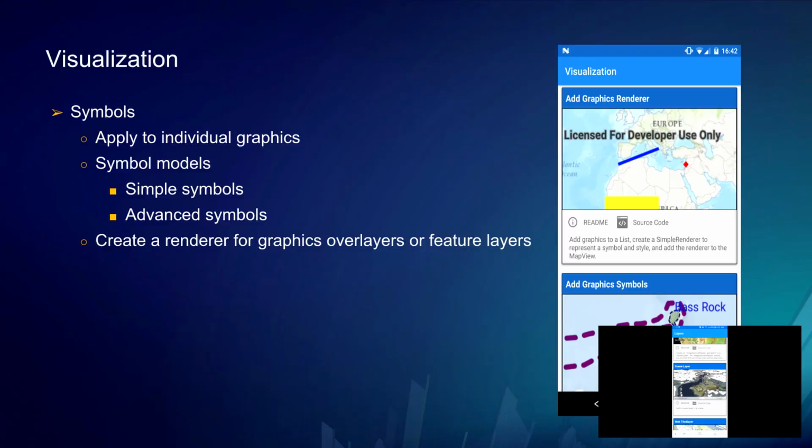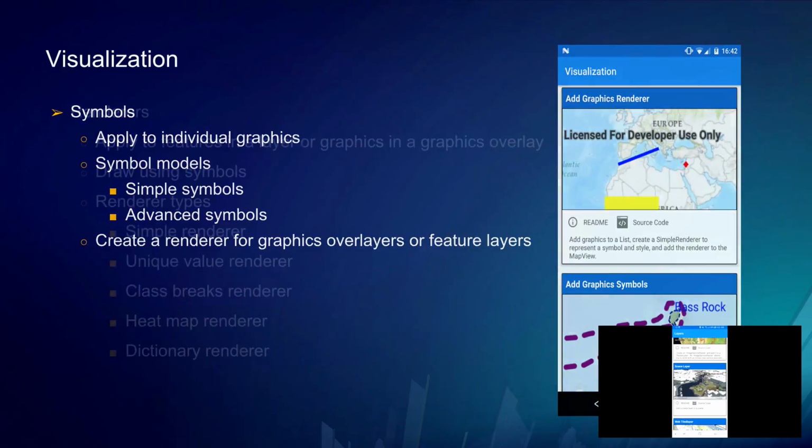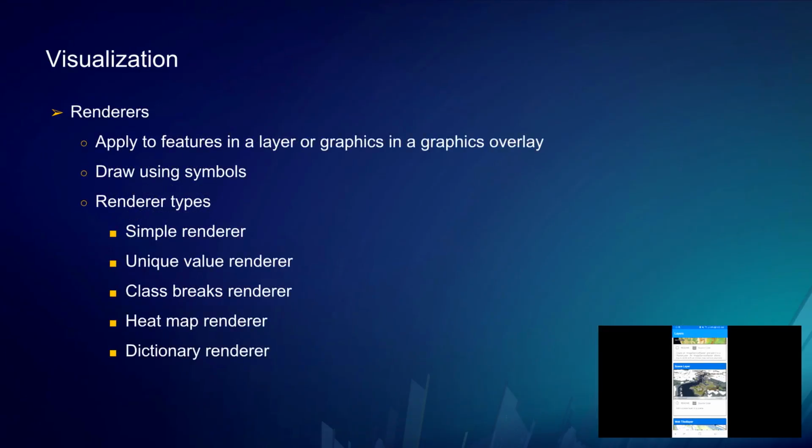And you can also use the symbol to define a renderer. A renderer will determine how your graphics in a graphic overlay or the features in a feature layer look.